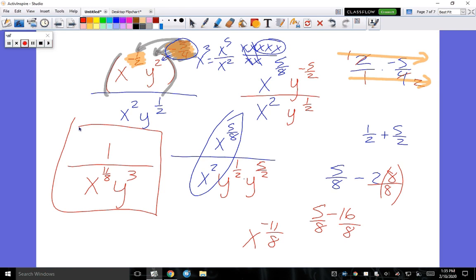So right now, that's what I was saying, guys. Whenever it's easy like this, x to the 5th over x squared, visually, it's easy to see that the top will win by 3. But now look, if I set this up as x to the 5 minus 2, I'm left with a positive 3. This positive says it belongs in the numerator, which is what it had, like over 1.